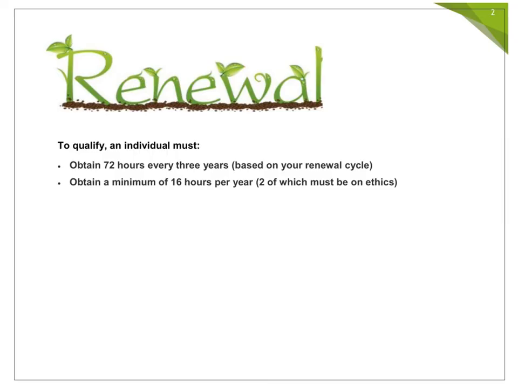So after getting the certificate and license, you need to keep in mind that you have to renew at a cycle to continue practicing as an enrolled agent. Renewal. To qualify, an enrolled agent must obtain 72 hours of continuing professional education, CPE, every 3 years based on your renewal cycle, and also needs to attain a minimum of 16 hours every year of CPE, of which 2 hours must be on ethics.